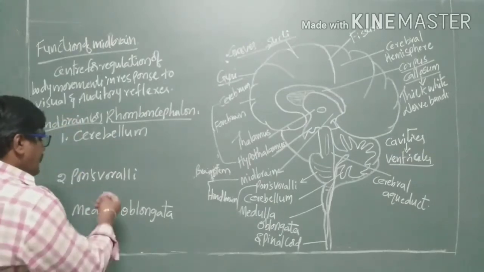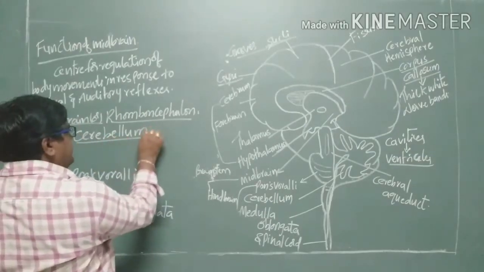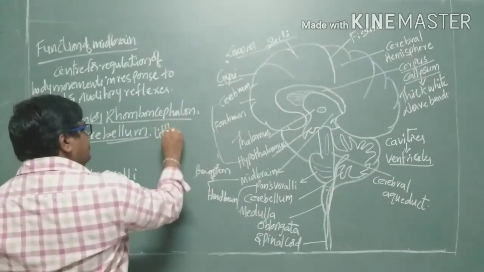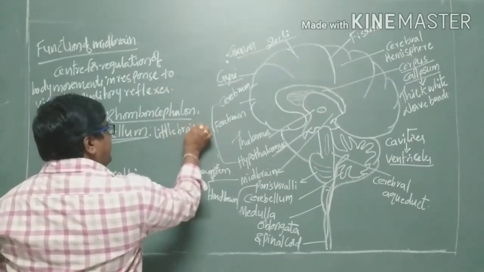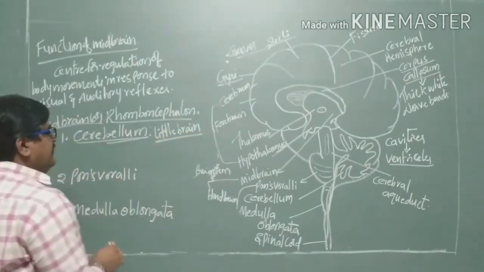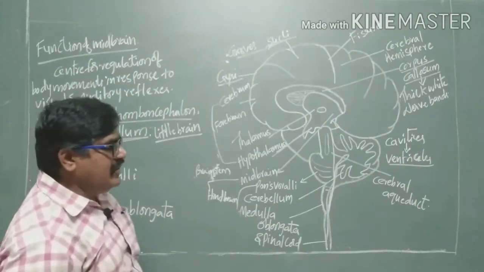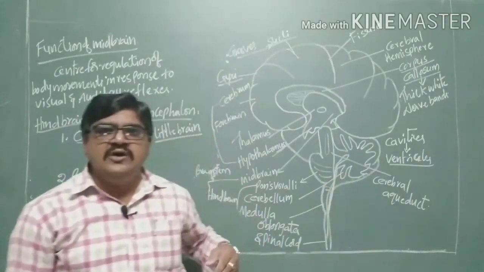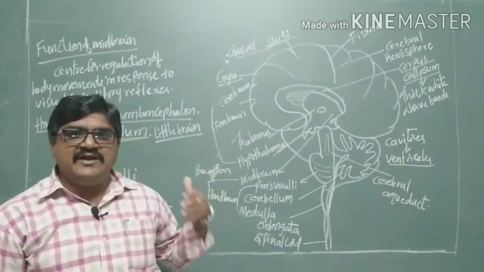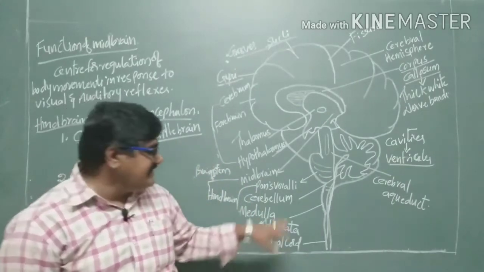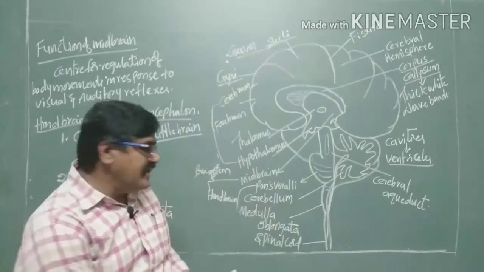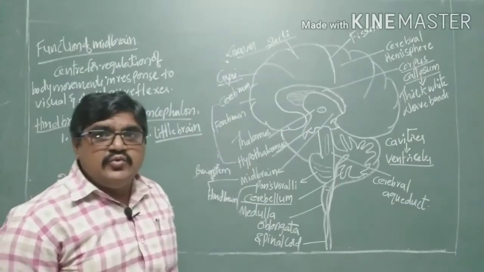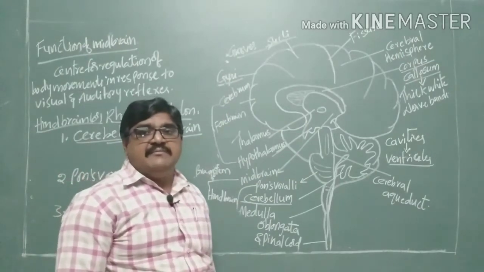Here the cerebellum is also called the little brain. The cerebellum is differentiated into 2 cerebellar hemispheres. Just as the brain is divided into 2 cerebral hemispheres, the cerebellum is also divided into 2 cerebellar hemispheres.